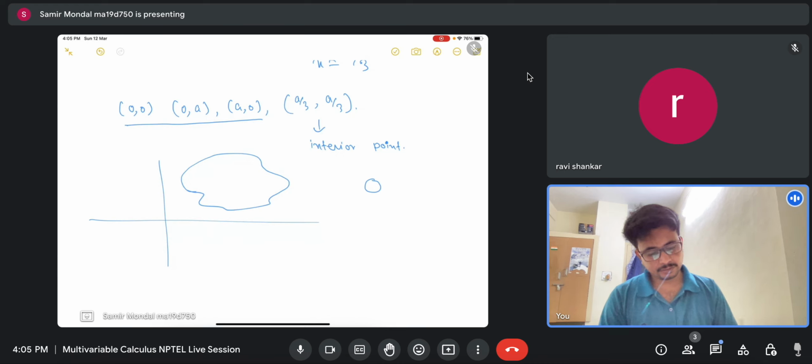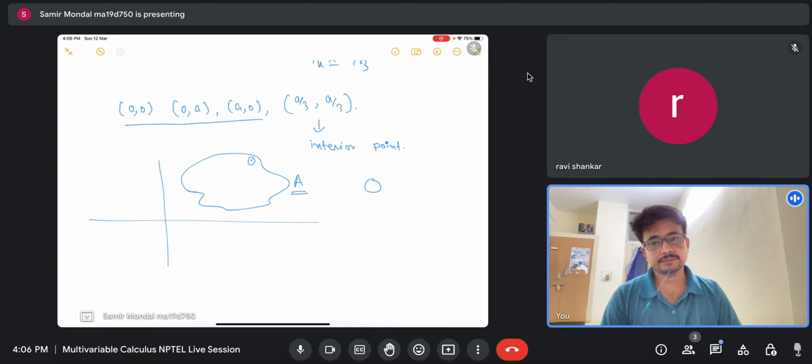Suppose this is an interior point of that set. That time you have to draw one circle around this point. That circle has to be contained in the set A. That time we will say this is your interior point.